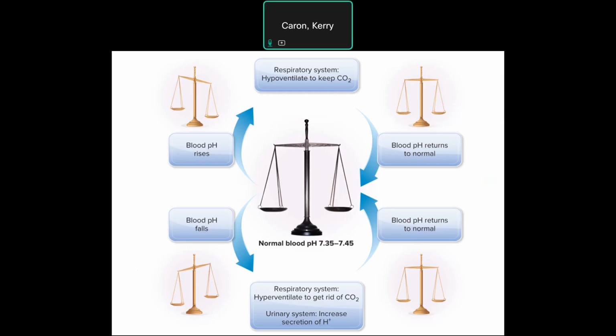Then the pH returns back to normal, homeostasis. If the pH level falls and becomes acidotic, we blow off some of that carbon dioxide, and the urinary system will maybe increase its level of secreting hydrogen, also the bicarbonate, and the pH will return to normal.